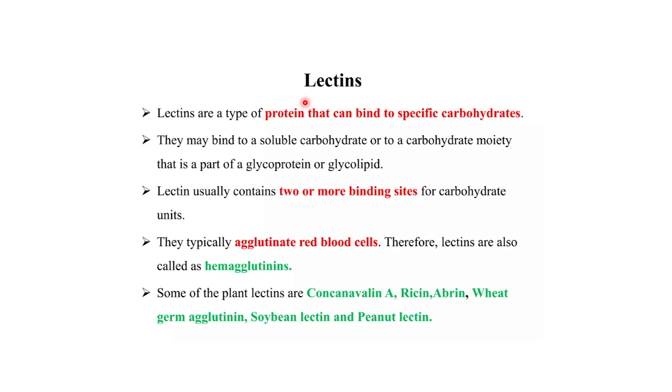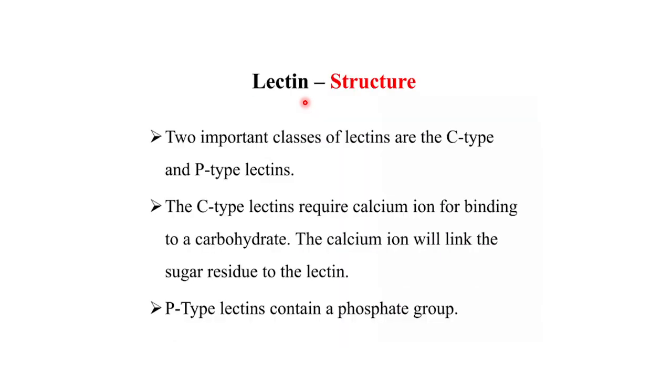There are different plant lectins, like concanavalin A, ricin, abrin, wheat germ agglutinin, soybean lectins, and peanut lectins. There are different classes of lectins that I was speaking about.